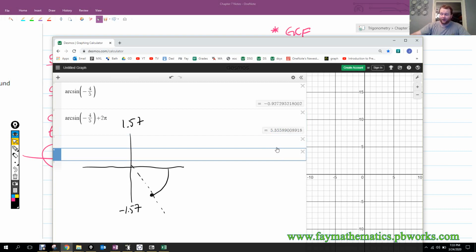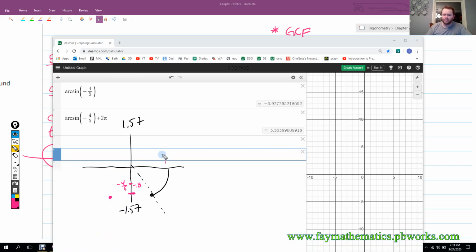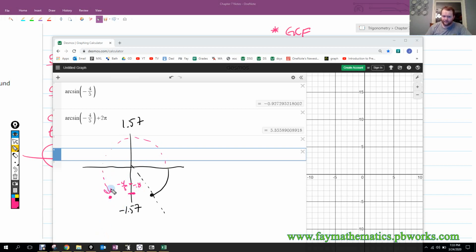Now, just think about this. The y value right there would be the negative 4/5 or negative 0.8. Well, doesn't that exist over here as well? There's an angle right there that would still be generating negative 0.8 back.